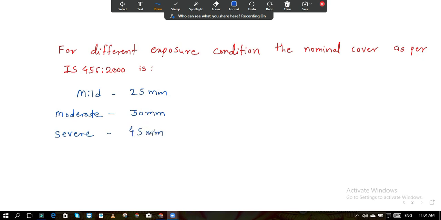This is the cover. For very severe exposure, it is 50 mm. And for extreme exposure, it is 75 mm.